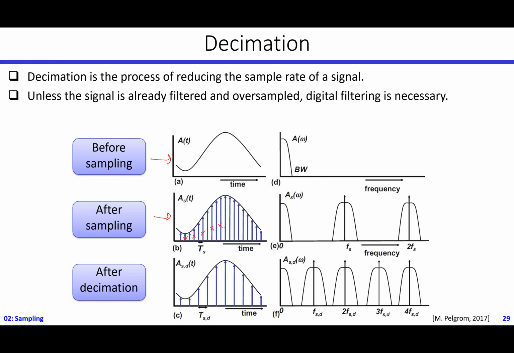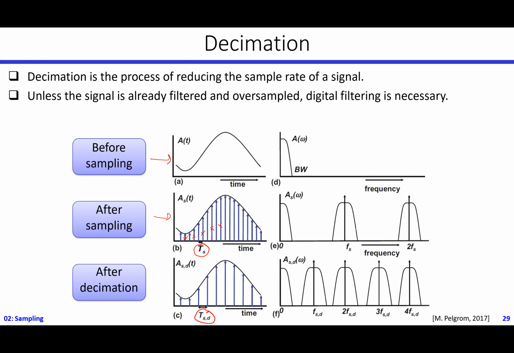If you look at it now from the frequency domain perspective, it means that I am sampling now at a lower rate than my original sampling frequency. You can see my original TS here, and my new TS is double of it.